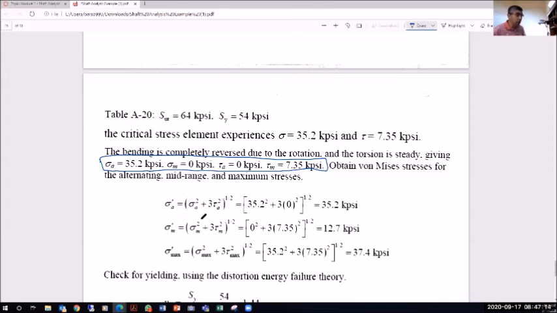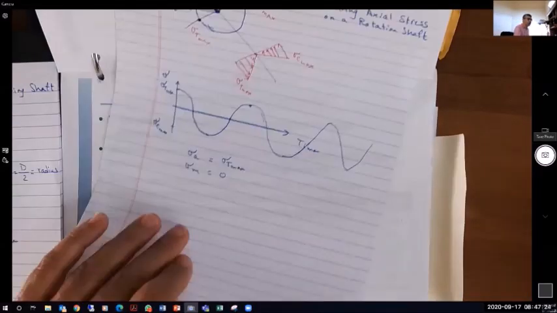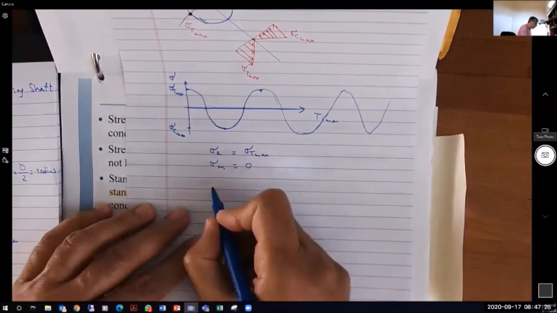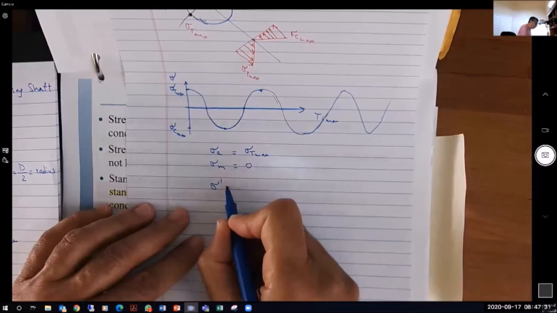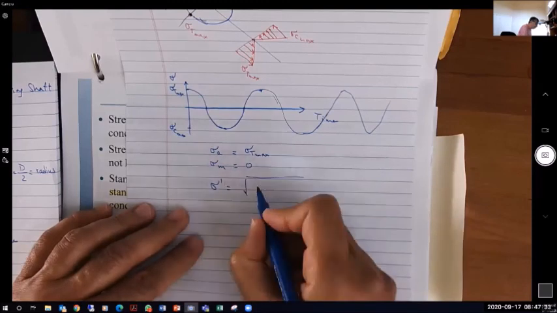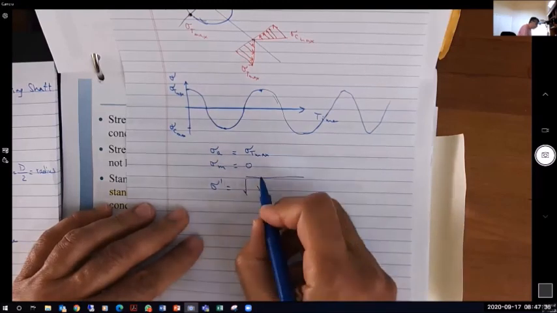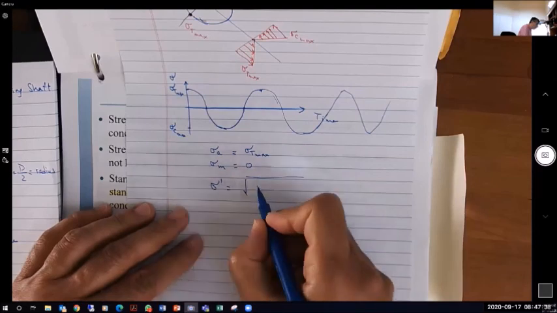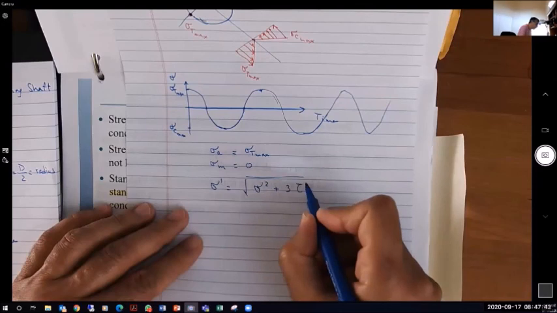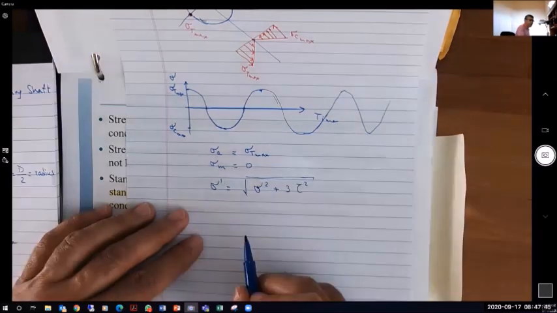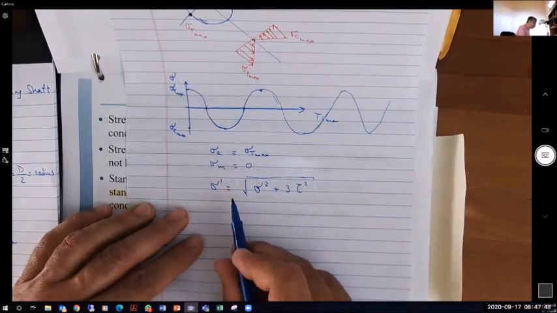Maybe I should write this quickly here, because this is an important equation that you're going to see. Sigma prime is equal to the square root of sigma squared plus 3 tau squared. So this is just to find the equivalent. Now I can apply that two times.